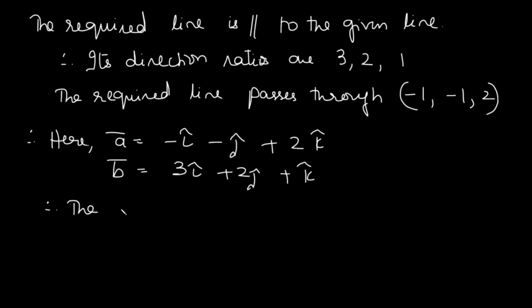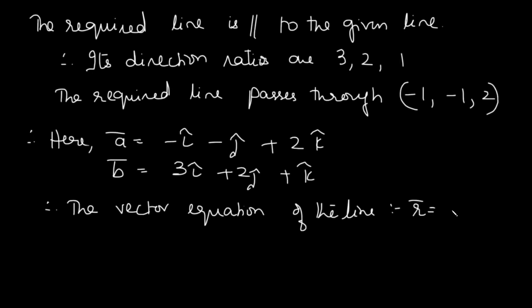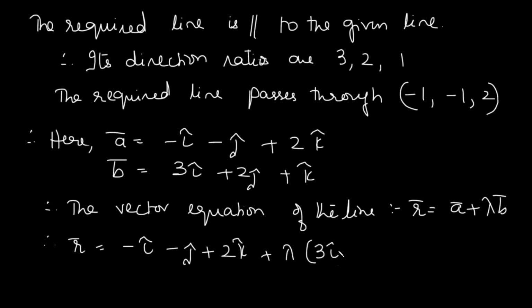Therefore, the vector equation of the line is given by r is equal to a plus lambda b, and substituting those values, r is equal to -i minus j plus 2k plus lambda into 3i plus 2j plus k. So this becomes our first answer, the vector equation of the line.